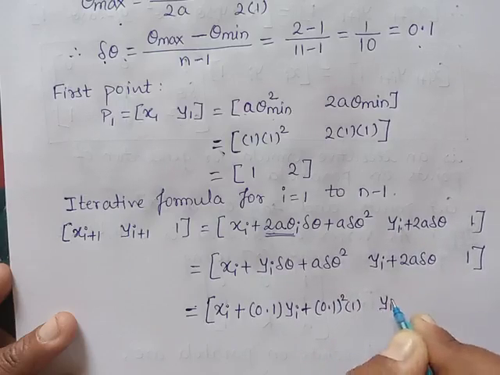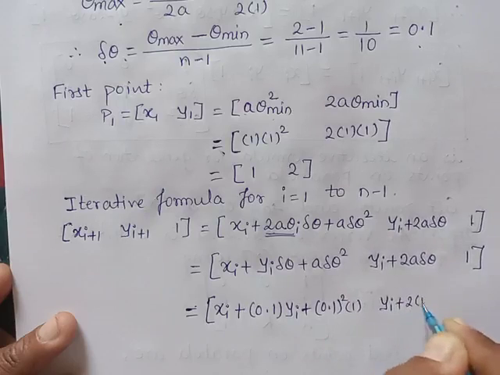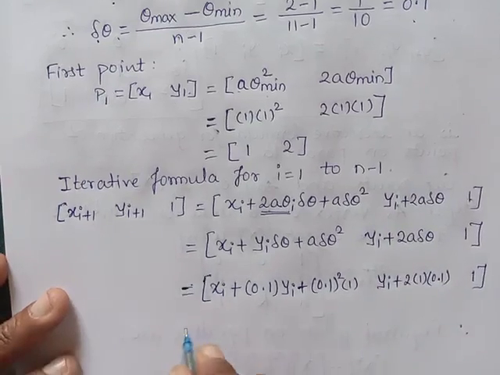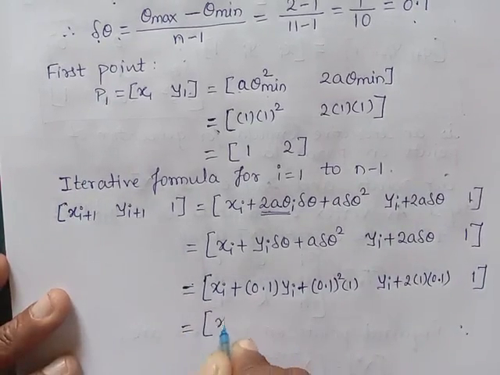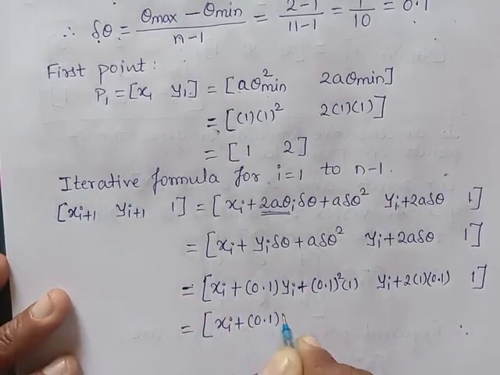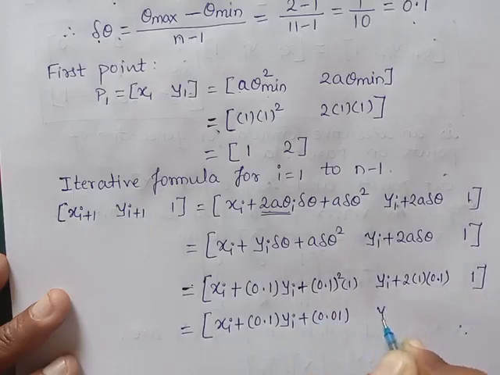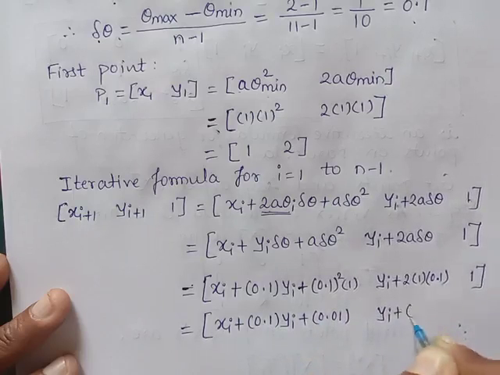Again y i plus 2 times 1 into 0.1. So here we get x i plus 0.1 into y i plus 0.01, and y i plus 0.2.